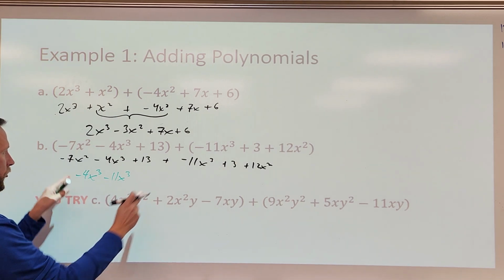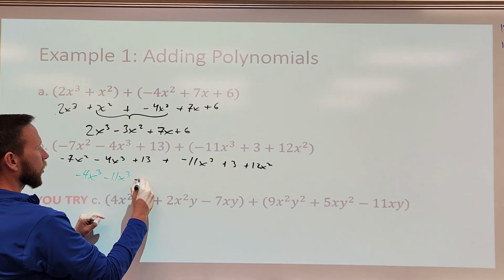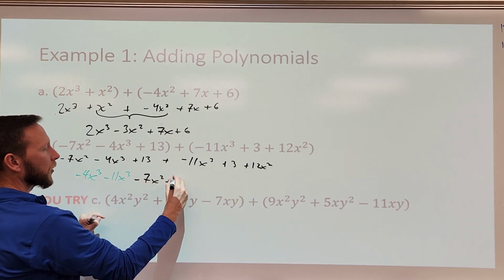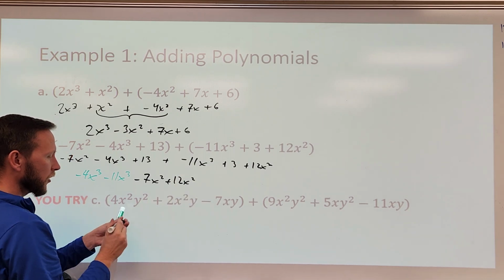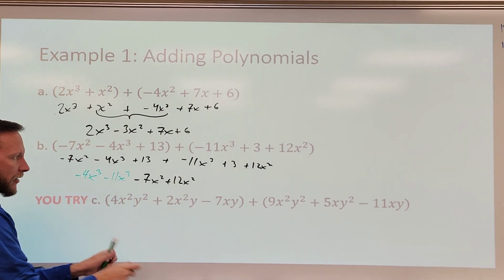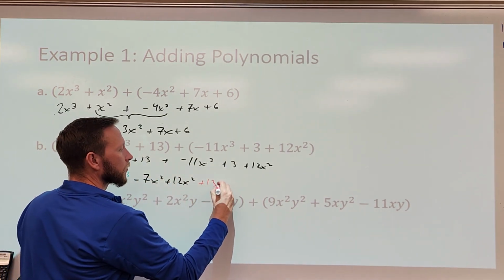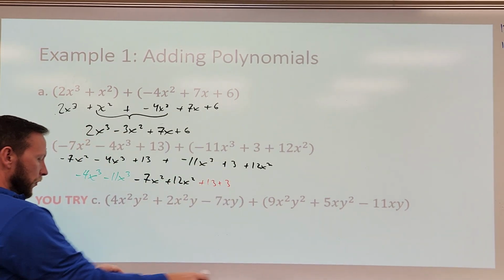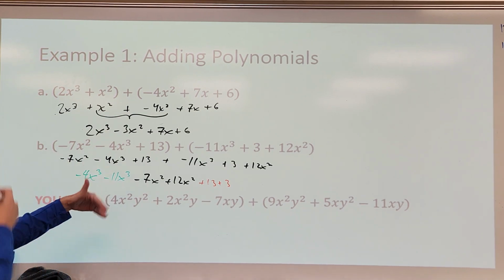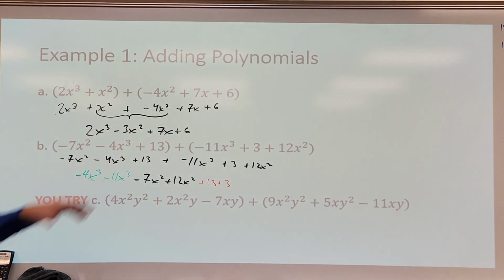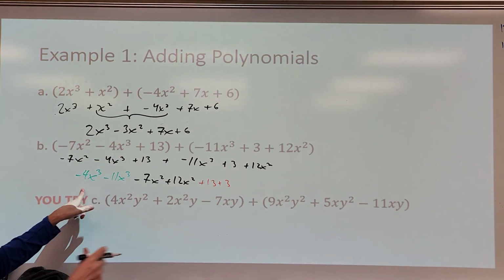I've got a quadratic and a quadratic, so negative 7x squared and a positive 12x squared. And then I have these constants, 13 and 3. You don't have to use different colored pens, but sometimes it's helpful to change the order using the commutative property so that you can have like terms grouped together.